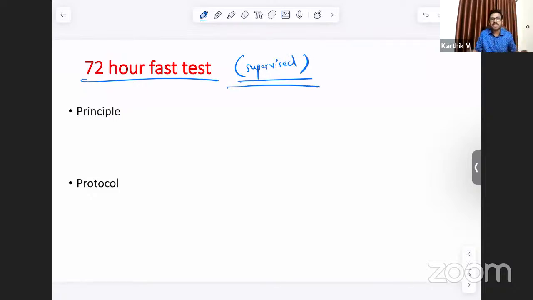72-hour supervised fast. Because I've seen many patients who came with documented episodes of hypoglycemia, low blood glucose, and they may have access to oral hypoglycemic medications or insulin from their parents or anyone else taking these medications at home.